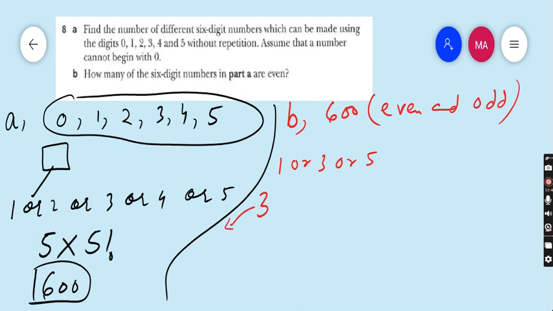After placing 1 digit in the first position out of 3, we have 5 remaining, but 0 is not allowed, therefore only 4 choices for the last place, so it is 3 into 4.